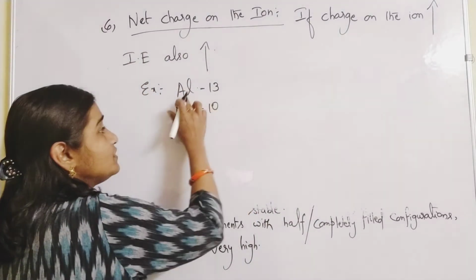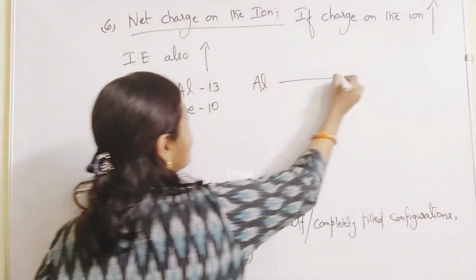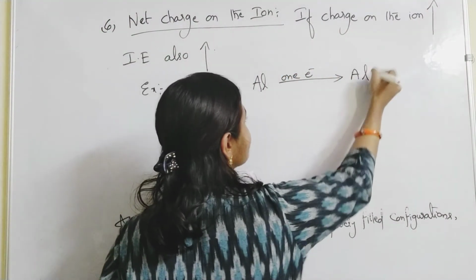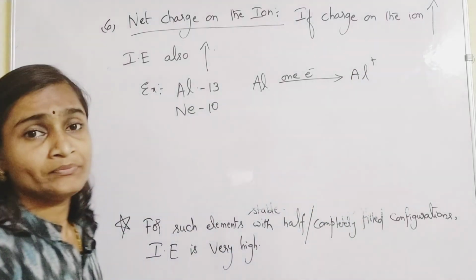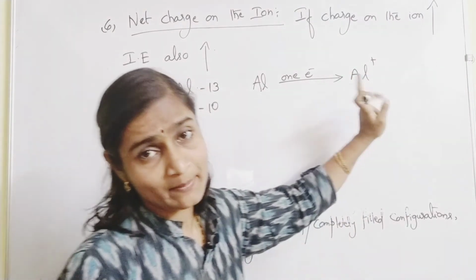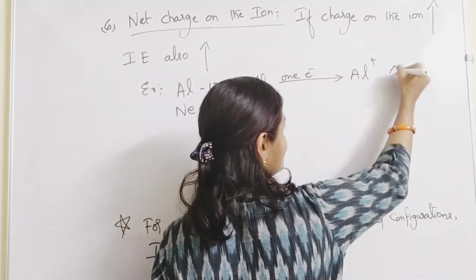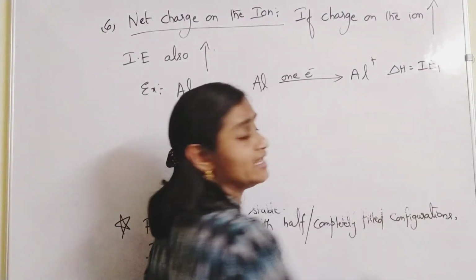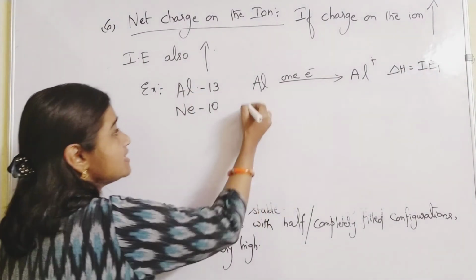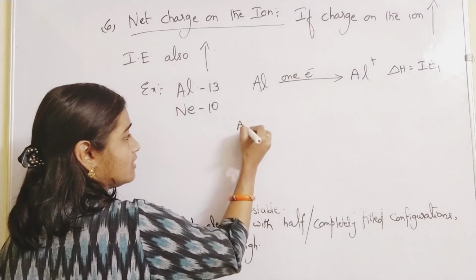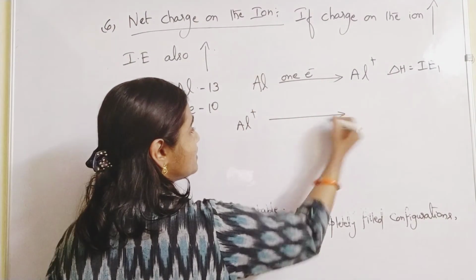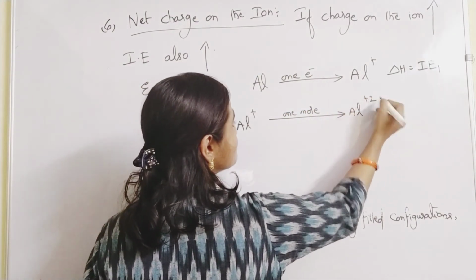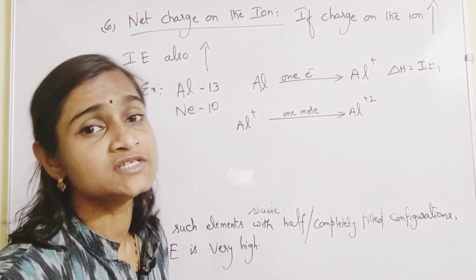First, if you take a neutral atom of aluminium, it loses 1 electron and forms the Al+ ion, a unipositive ion. The energy required, delta H, is called IE1. Similarly, from this unipositive ion Al+, you remove 1 more electron, which requires more energy, so that it transforms to Al2+, a dipositive ion.